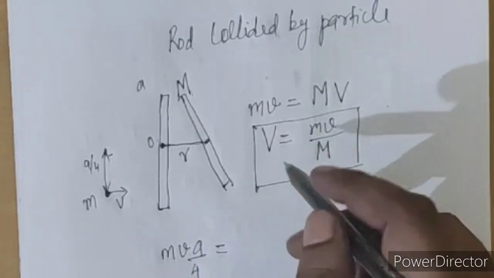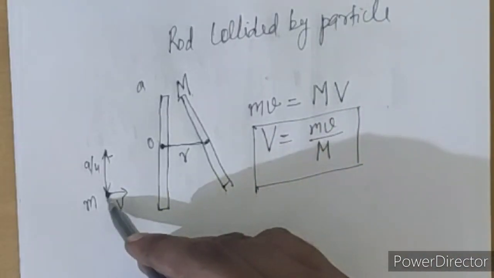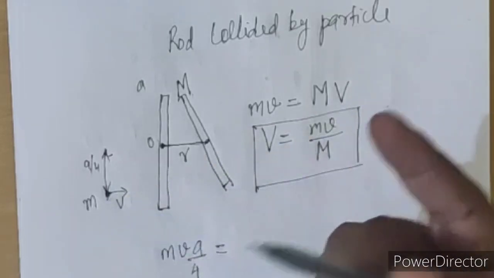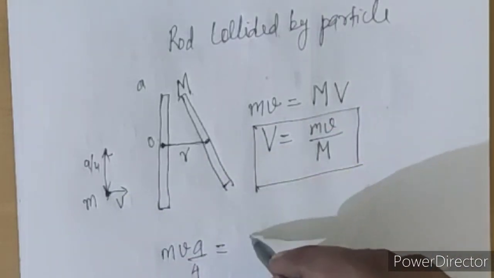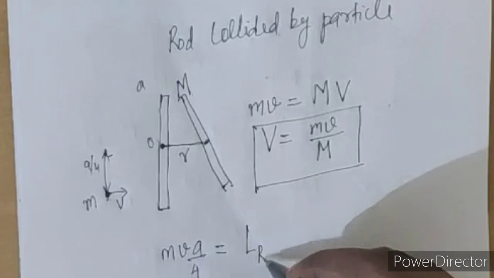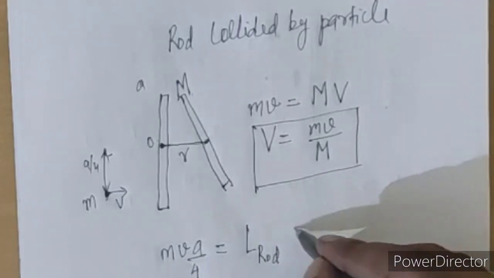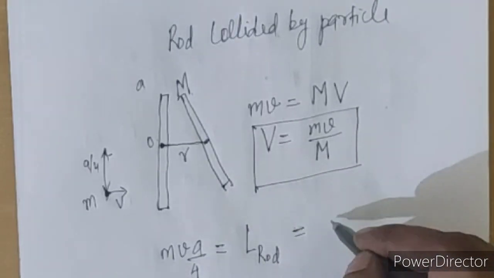After the collision, since the velocity of the small particle becomes 0, it doesn't have any angular momentum, but the rod will have angular momentum. So the angular momentum of the rod will be given by two components.